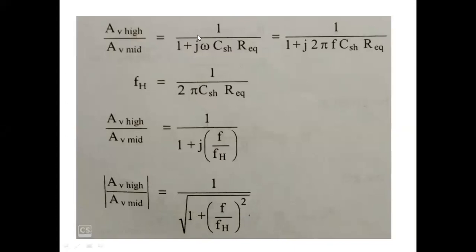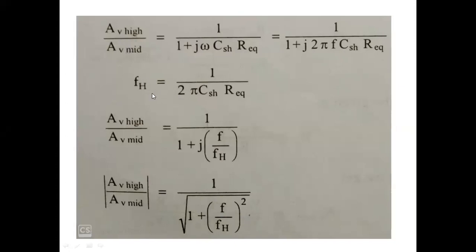And what is omega here? Omega is equal to 2π, and let it be the term 2π without f. Without f, we are considering the remaining term, that is 1 by 2π Csh into R equivalent, as fH.